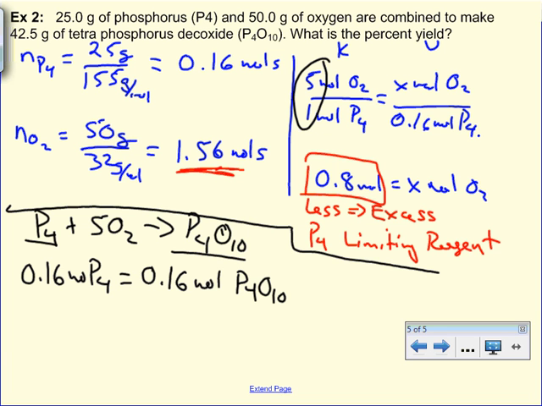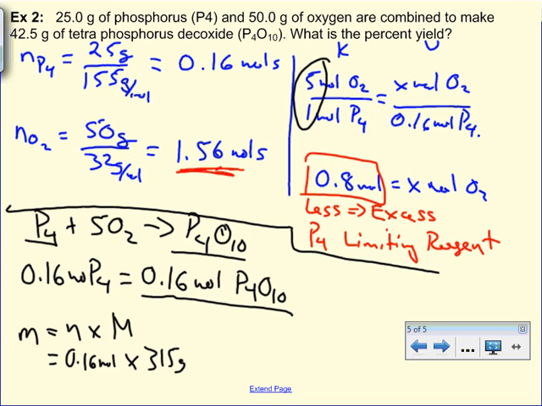So now that I know the number of moles of P4O10, I just have to convert it into a mass. n times molar mass. So that's going to give me 0.16 moles times the molar mass of P4O10, which is 315 grams per mole. And that gives me a theoretical yield of 50.4 grams.